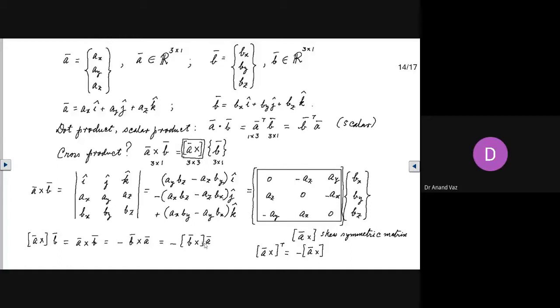So this is about the cross product, which we had not discussed earlier in our lecture. So this is the cross product in matrix form.